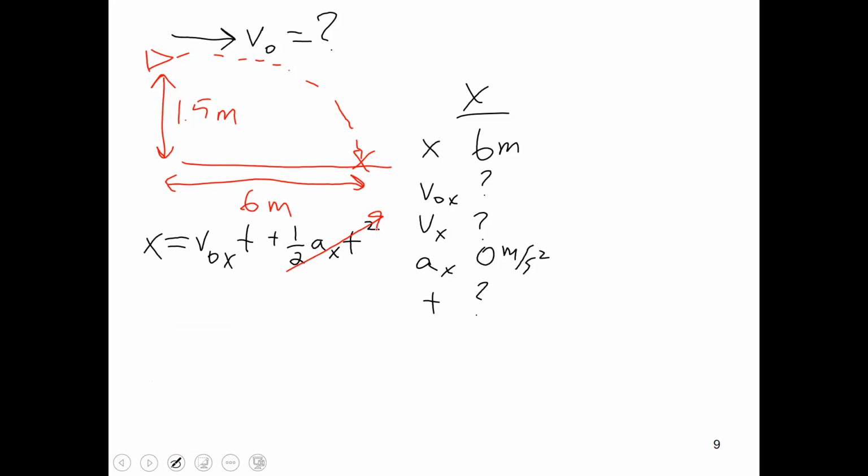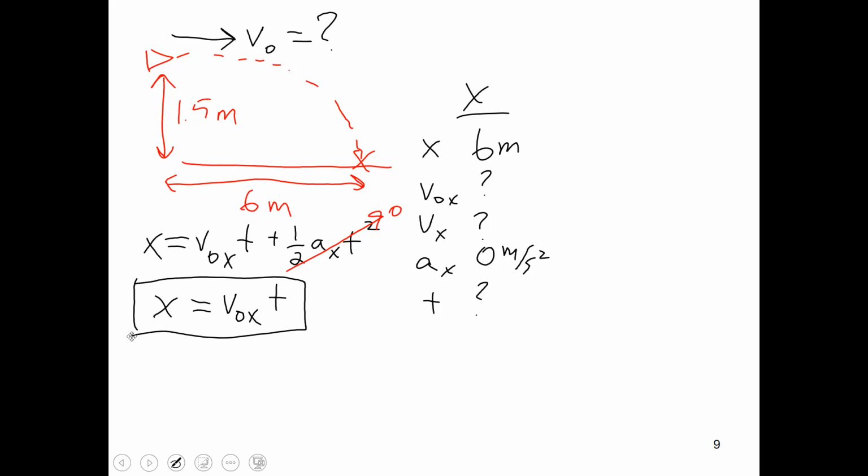So that entire term is just going to go away. And this whole thing is going to reduce to just that my displacement in the X direction is equal to the initial velocity in the X direction times time. All right. Now that right there is as far as I can get in the X direction, because I know the displacement. I don't know the initial velocity. I don't know the time, so I'm stuck.